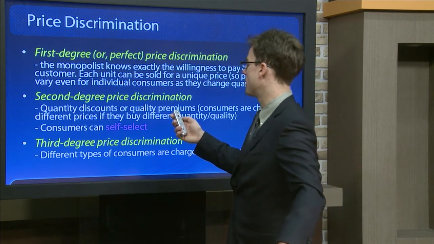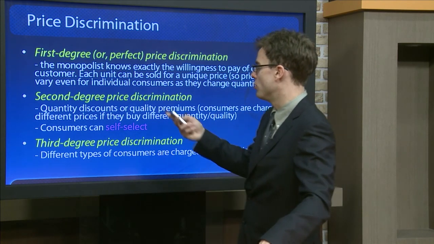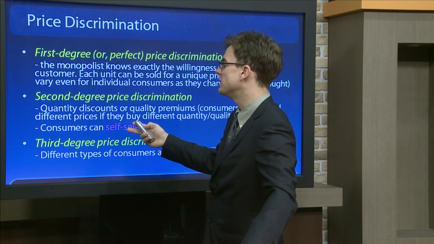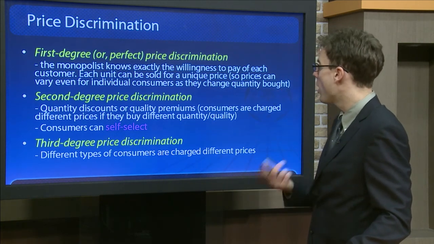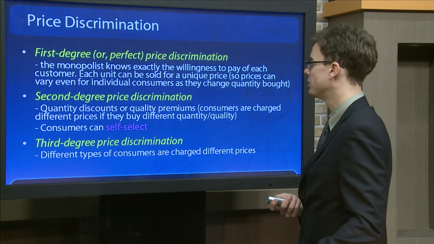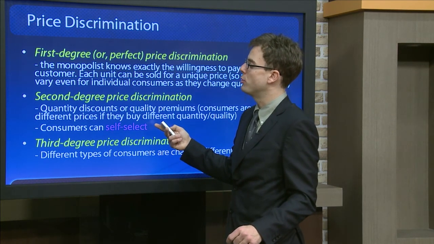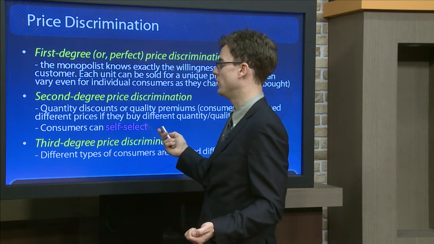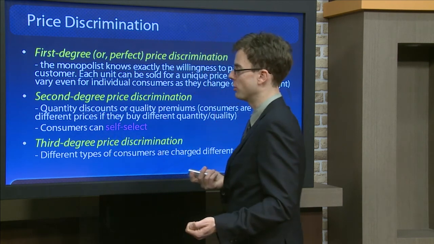Second degree price discrimination, usually we say, happens when the producer offers quantity discounts or quality premiums for certain consumers. And then the producer allows consumers to self-select into how much quantity or how much quality to purchase.